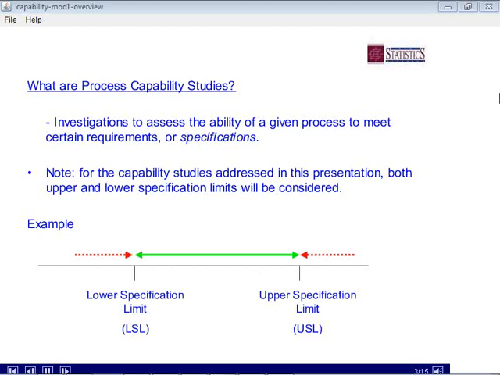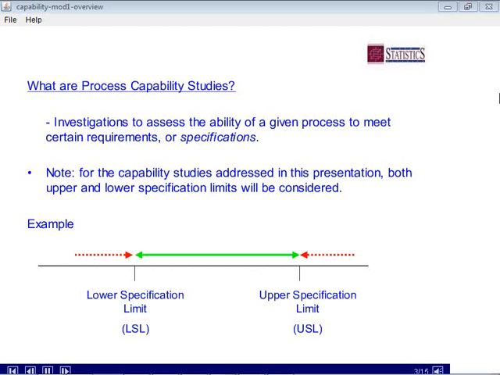Now, we mustn't confuse these with, let's say, control chart limits. Of course, control chart limits are based on estimates of variation from the given process itself. Specification limits are typically derived by the engineers or the voice of the customer. Let's put it this way. We are trying to give ourselves a particular interval such that if we are falling in this area indicated by the green arrow, then we will say that the particular unit that we are considering has passed.